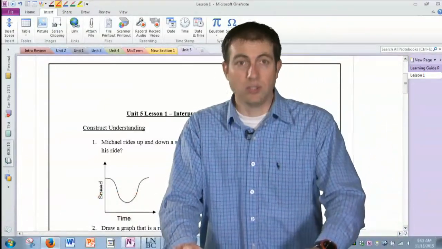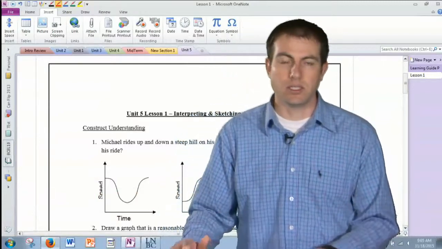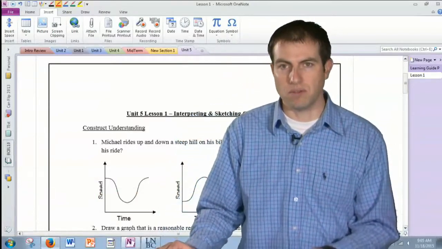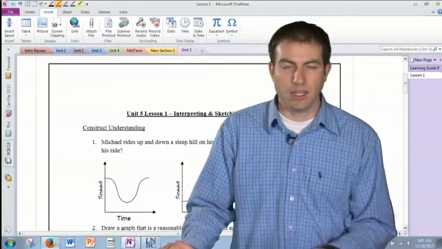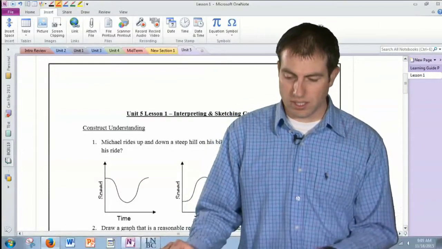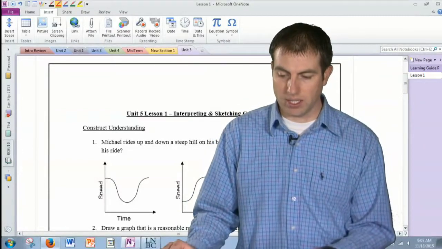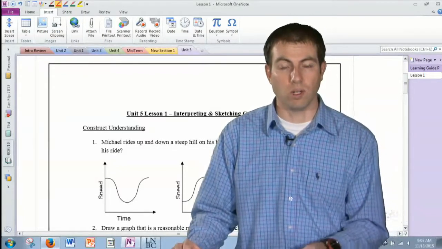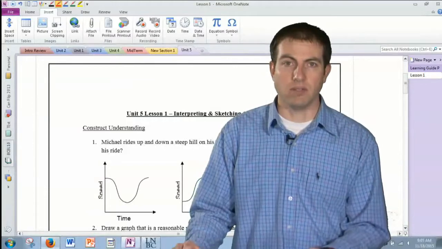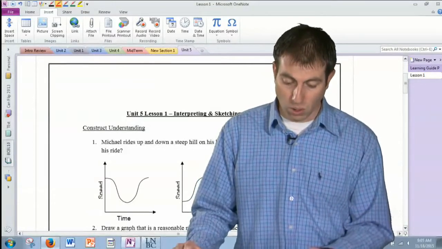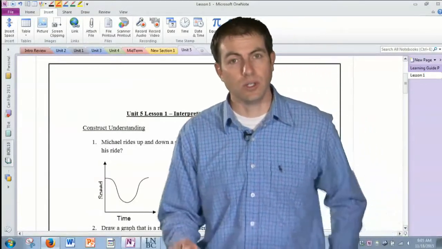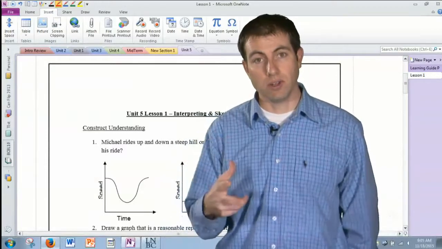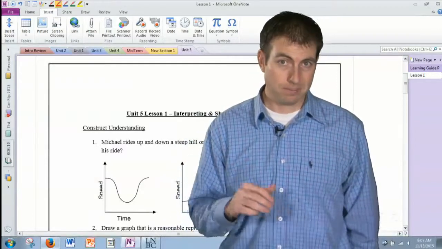What I would like to do today is just finish the first lesson from Unit 5, and then it won't take that long. It's not terribly long. And then you guys can ask any further questions you might have from Unit 4, and that'll be kind of it for Unit 4. So I was hoping that you could finish the Unit 4 learning guide and have it handed in today.